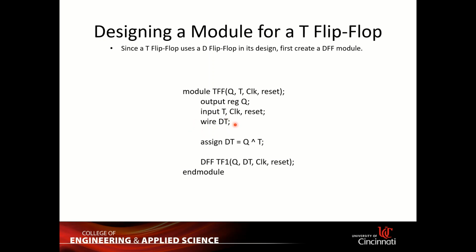So the wire DT here will be representing the D flip-flop input equation. That D flip-flop input equation that I need will be DT equal to Q XOR T. Then I would do the same thing. I use that as the input for the D flip-flop, and I use Q as the output. Then now I have the T flip-flop.